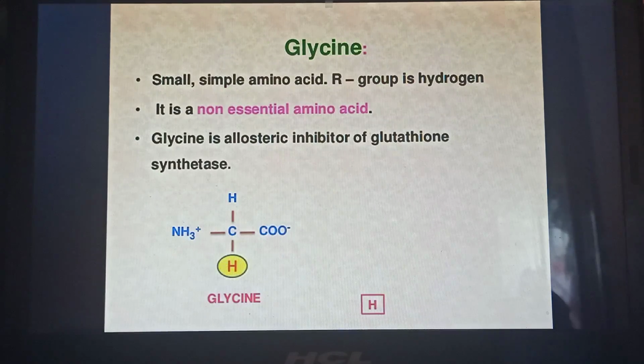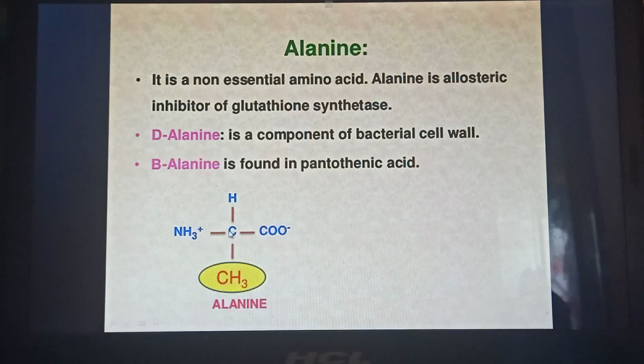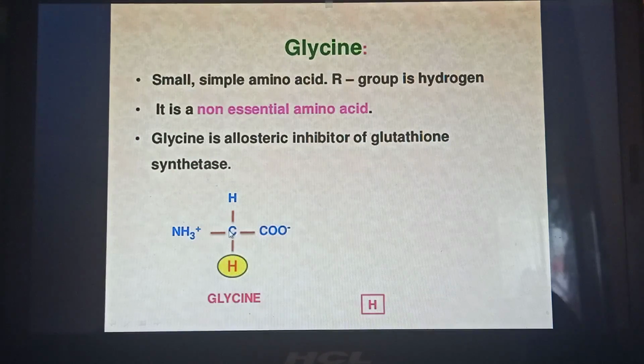Next, when we look at the structure of glycine, glycine is the simplest amino acid, a non-essential amino acid which contains R as H. In the amino acid, there is one alpha carbon, and this carbon is attached to 4 different groups.